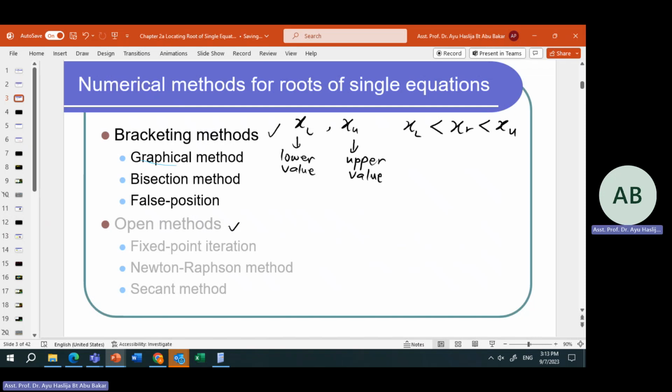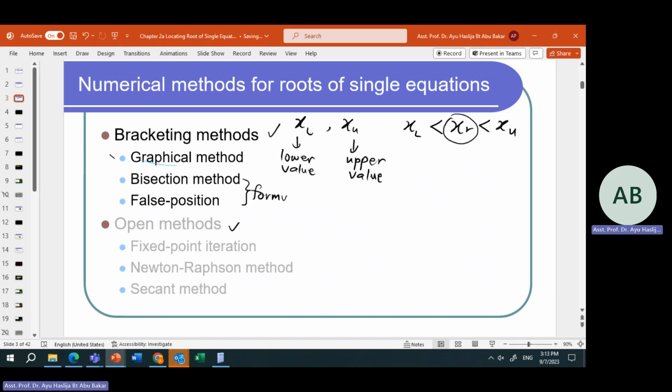Okay, the one is overall bracketing methods. In the bracketing methods, we have three sub-methods. The graphical method, where you need to draw the graph in order to find your XR. Or you can use a formula.